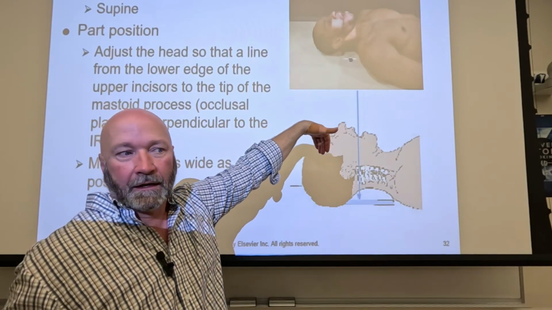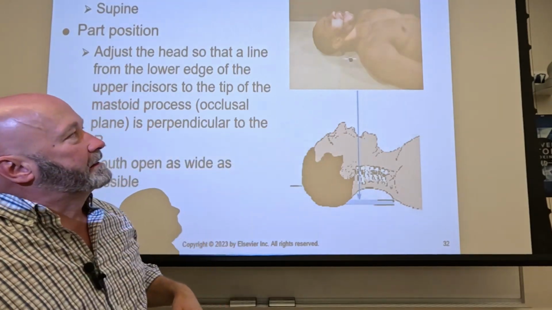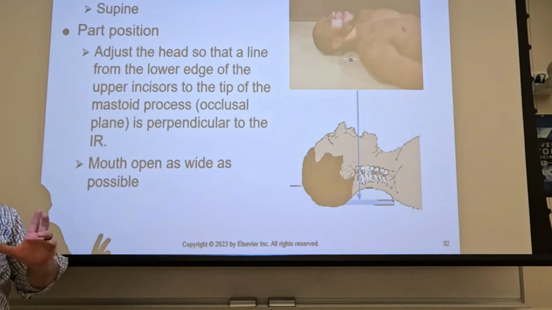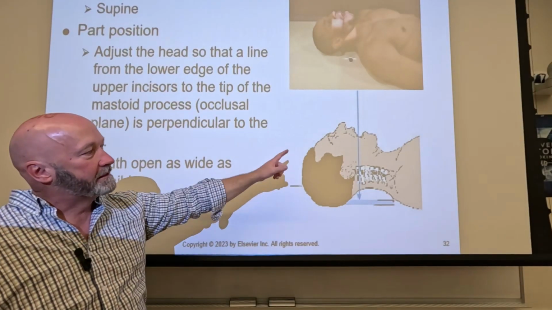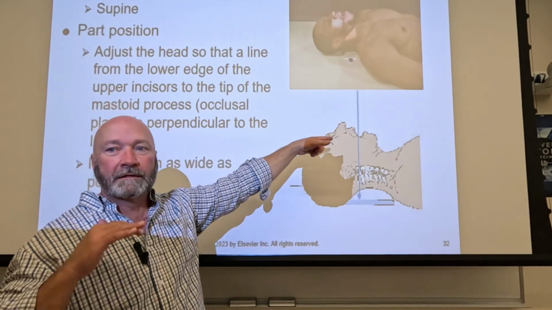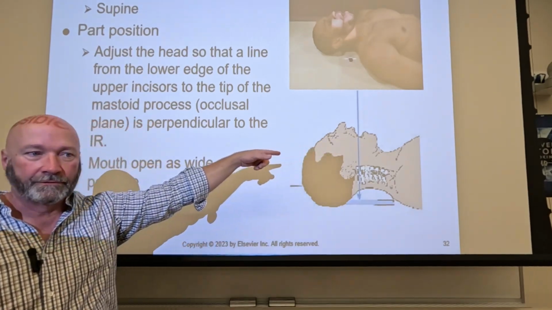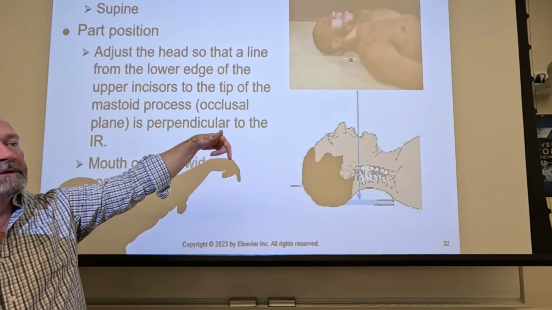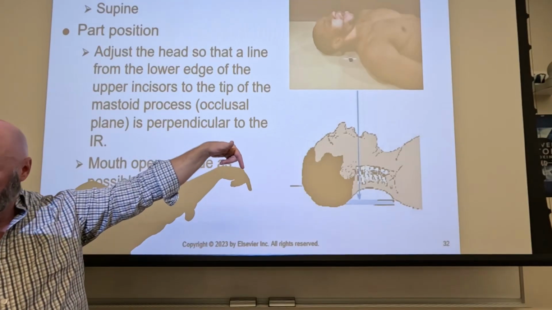So if the patient's not in the C collar, we're gonna extend the chin until the acanthomeatal line is vertical and perpendicular to the image receptor, okay? So we extend it until that is vertical.